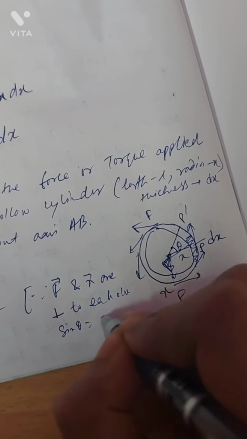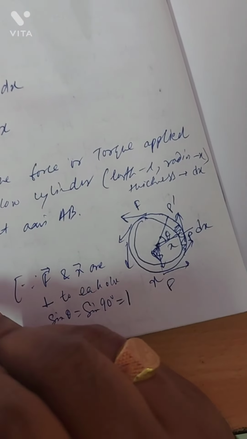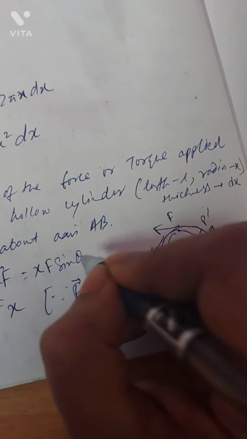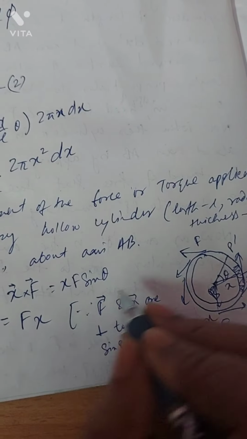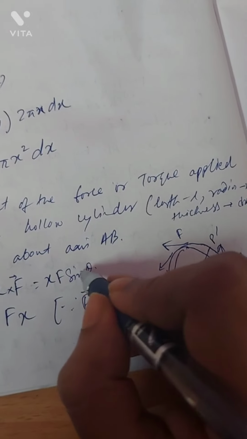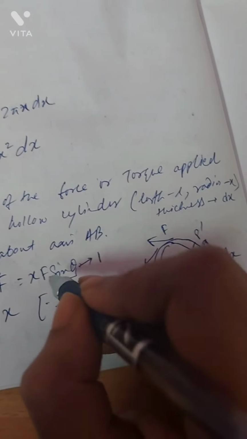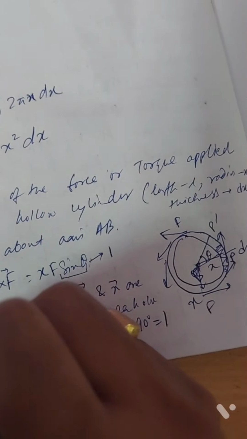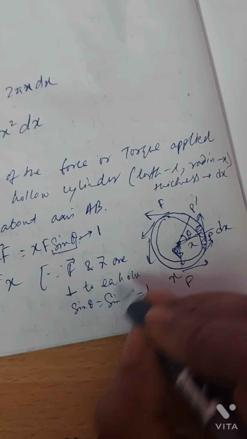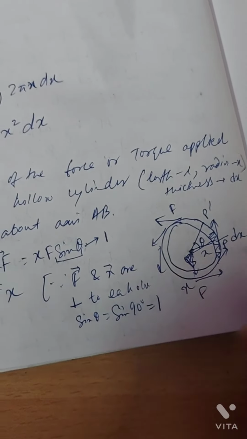So sin theta is sin 90, equal to 1. The magnitude is x f sin theta. As theta is 90 degrees, sin theta becomes 1, so directly you can write d tau equal to f x, since f is tangential and x is radius.